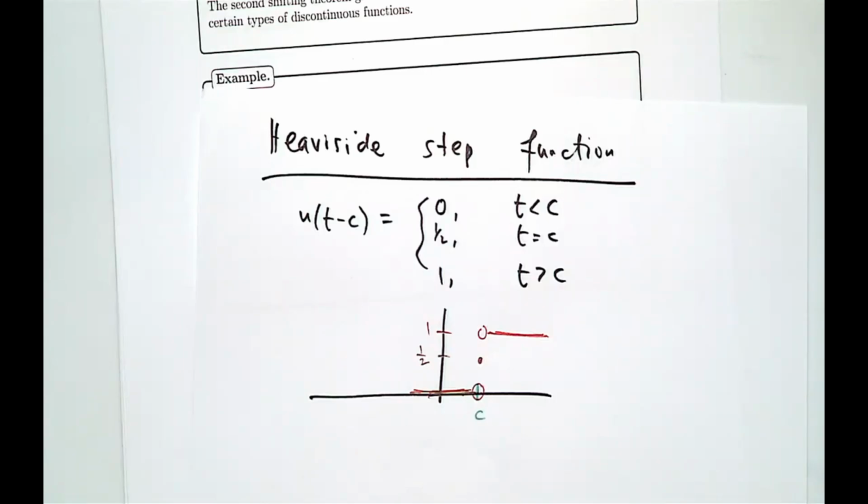At some point, a switch gets flicked, turned on, and your function instantly jumps up. Right? Has anyone seen functions like this before? Where have you seen them? I think they mentioned this in electrical, where you have a step function where there's no current going through, so it's got 0 input and output, and then as soon as a current goes through it goes straight up. Yeah. That's a pretty good description.